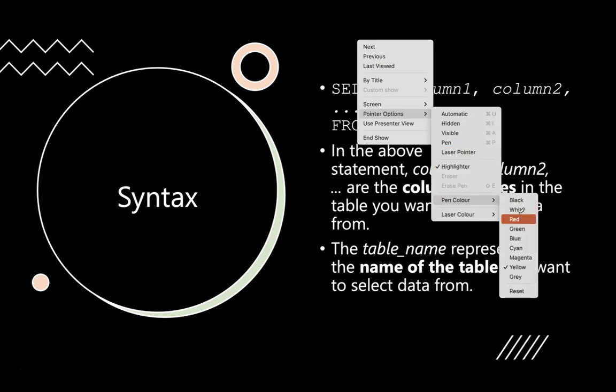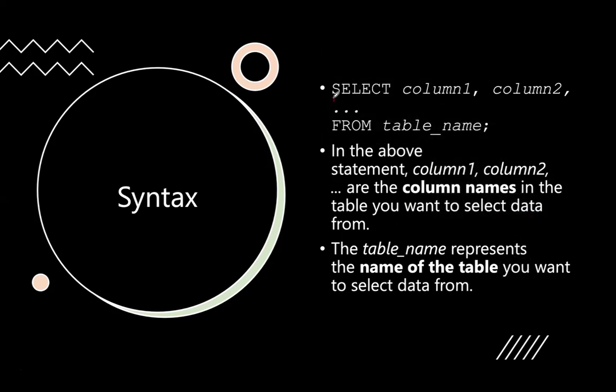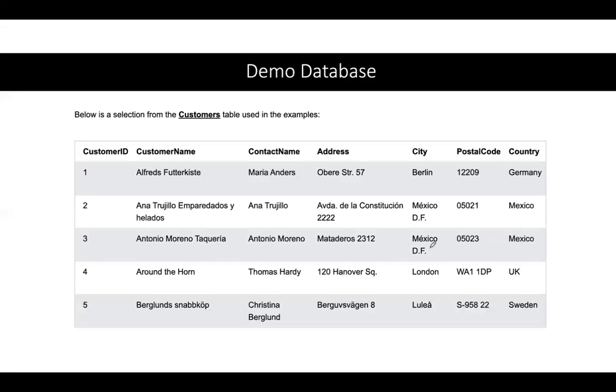In the above statement, column 1, column 2 are the column names in your table, and the table name represents the name of your table. Below is a selection from the customers table used in the examples.